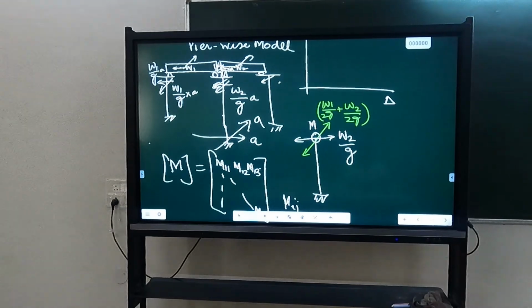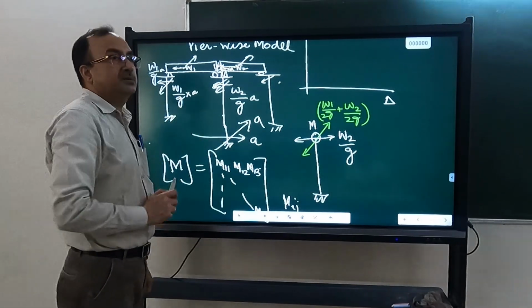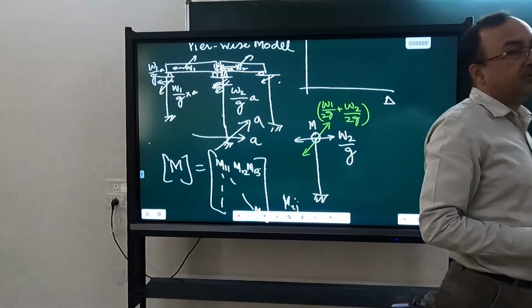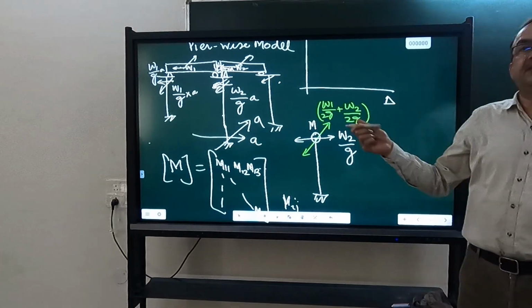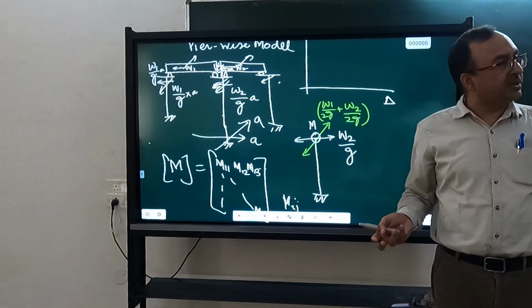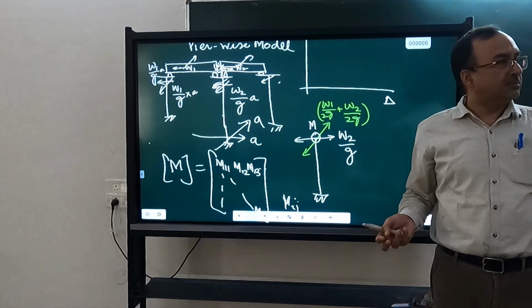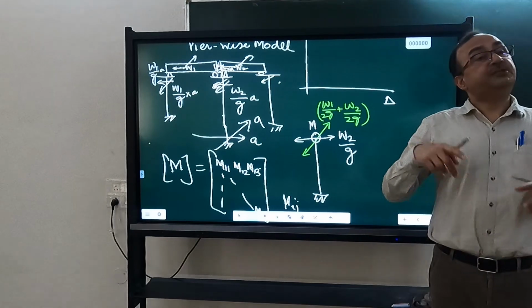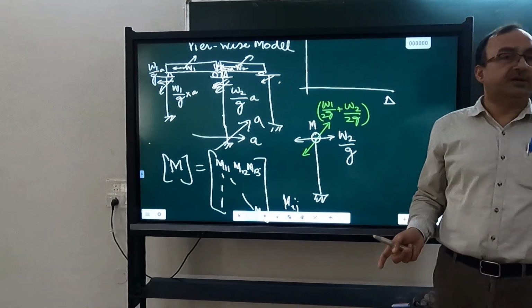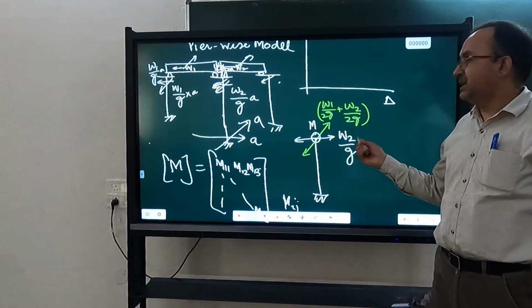Suppose this pier is circular. Circular means the longitudinal and transverse direction capacity curves will come out to be the same. Still, its response will be different in the longitudinal and transverse direction because the masses are different.